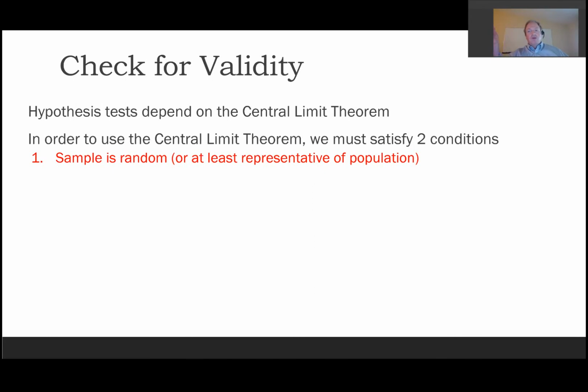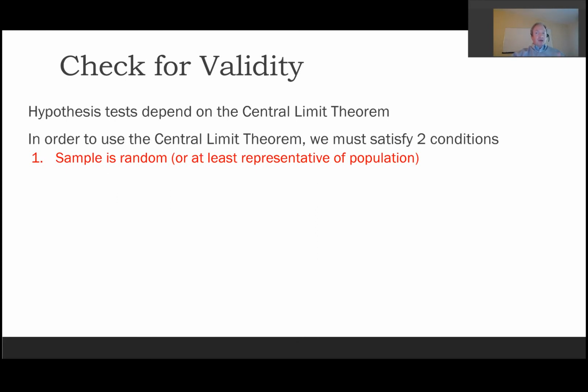Well, suppose I was interested in the percentage of people in the US who oppose abortion. So my population is the whole United States. But I took a sample at the Republican National Convention. That's clearly not representative of the population. So that would not be a valid sample.